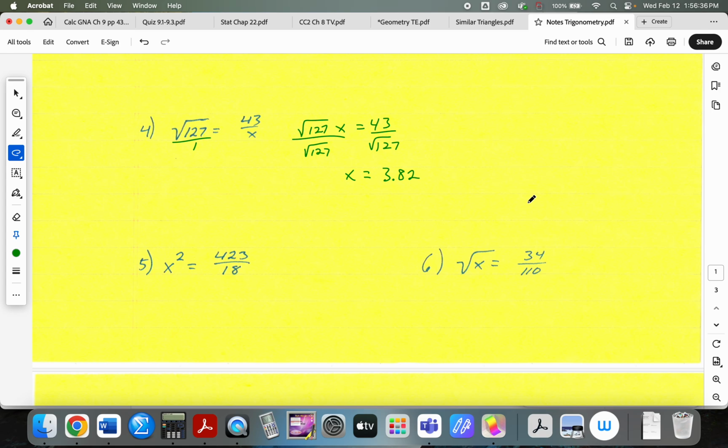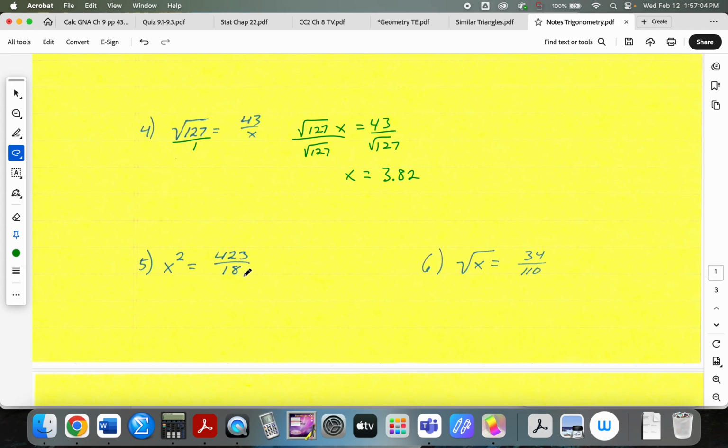All right, let's look at solving these last two. These last two, there's really no reason to cross multiply here. We just need to get the x by itself. How do I get rid of the squared? We've been doing this for months now. Take the square root.